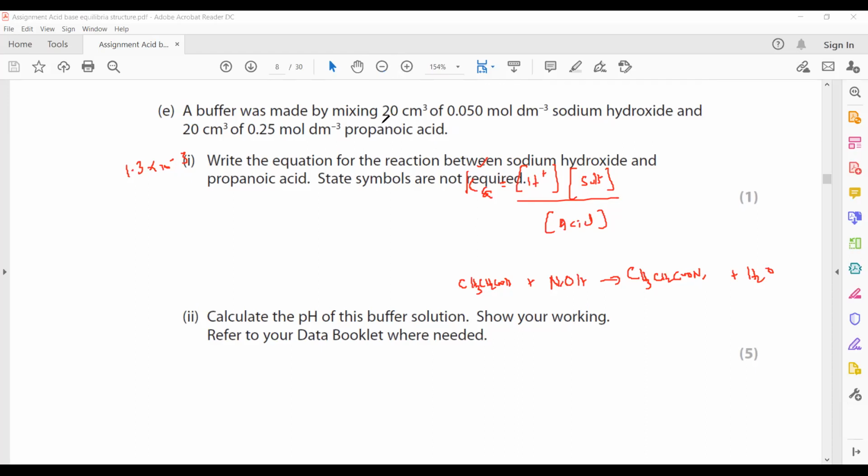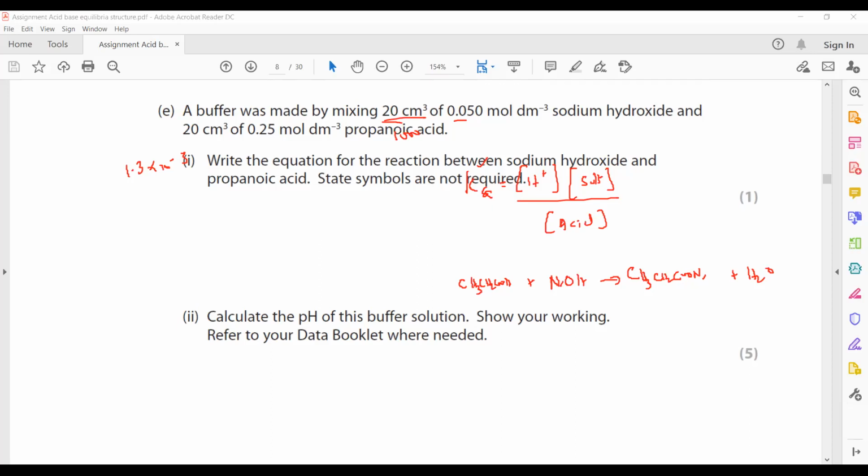When I find the moles, I will multiply volume with concentration, but the volume is in cm³, so I should convert into dm³. So 20 multiplied by 0.05 divided by 1000. What's the answer?